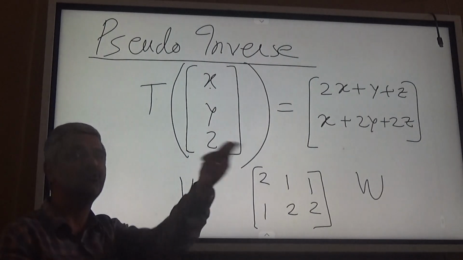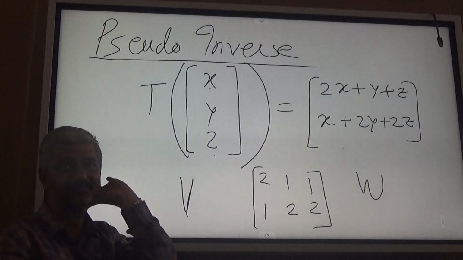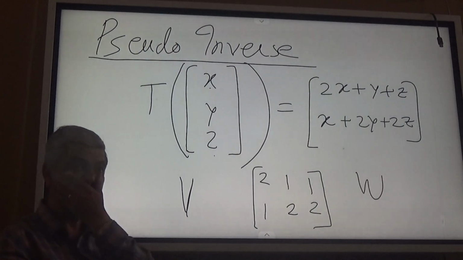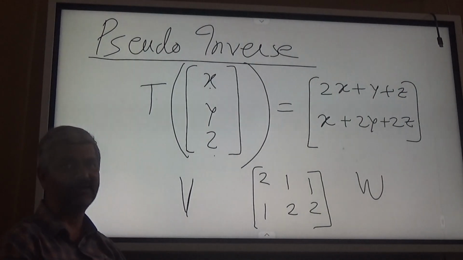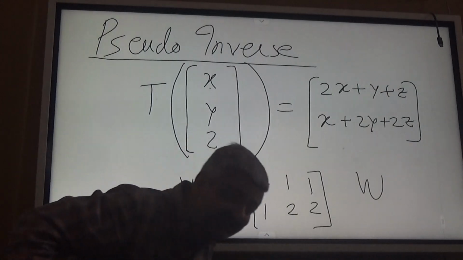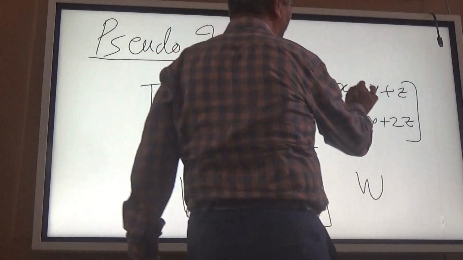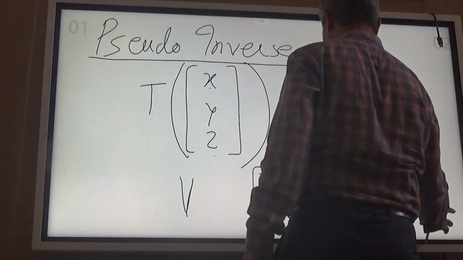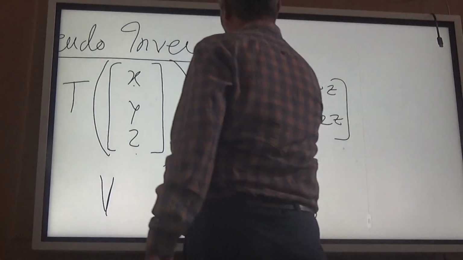Then from W, how can you get back V? From this, can you get back this?